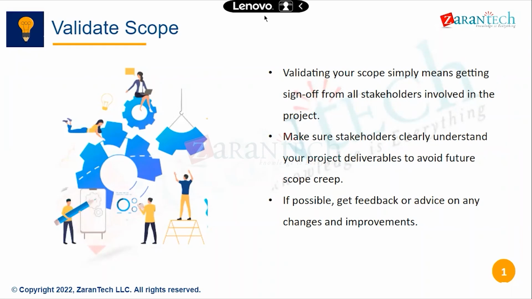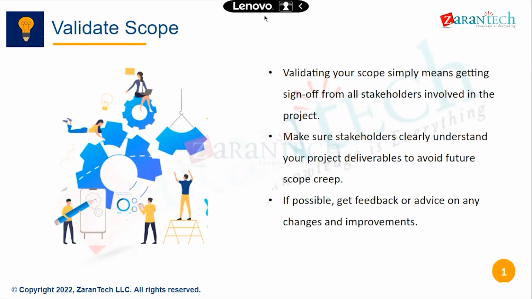Quality control focuses mainly on verifying the deliverables, whether they are developed as per the requirement or not. Whereas validating scope includes the output deliverables accepted by the client.